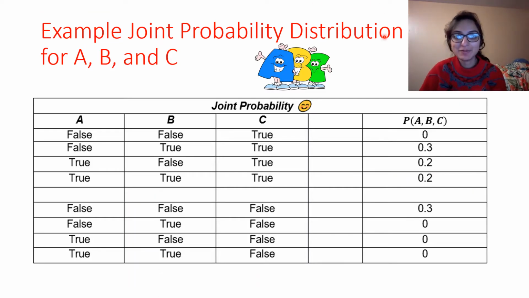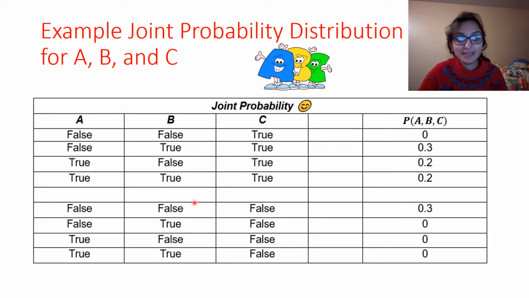Here is the joint probability distribution for A, B, and C in this example. We can see that A is false, B is false, and C is true, and the probability of all of that is 0. A being false, B being true, and C being true, all of that is 0.3. The probability that A is true, B is false, and C is true is 0.2 or 20%. The probability that all three are true is 20%.